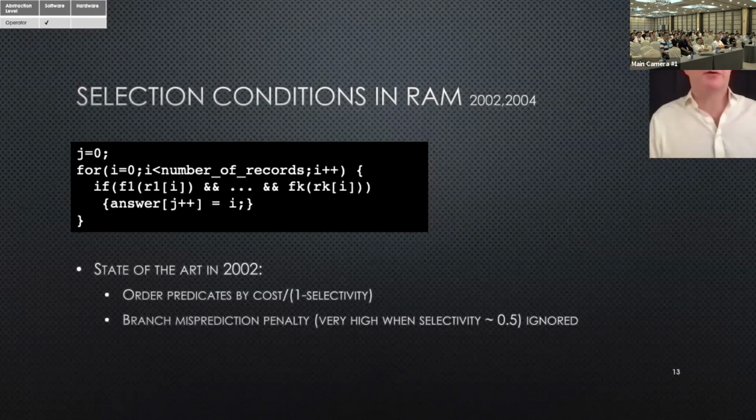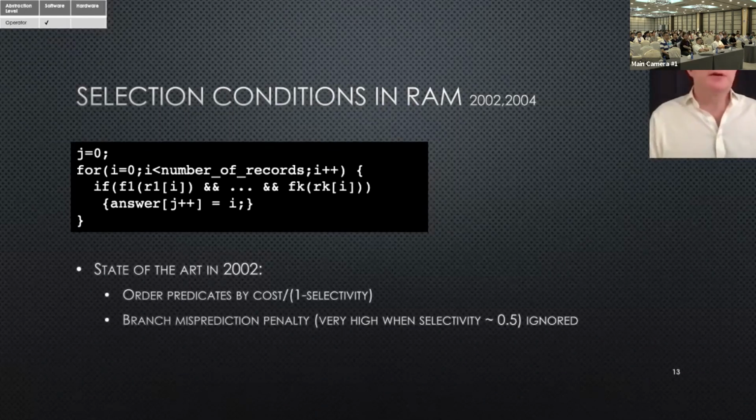So there was some earlier work that suggested that we order predicates by the cost of the function divided by 1 minus selectivity. Some early work by Joe Hellerstein suggested that that was the way to go, particularly in the context of expensive functions in object-oriented databases.